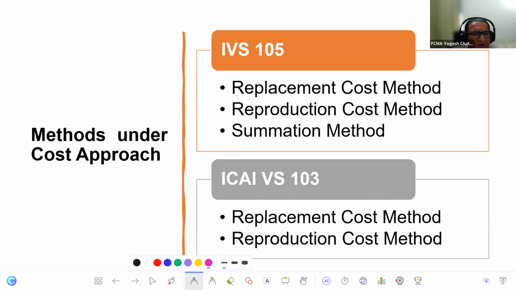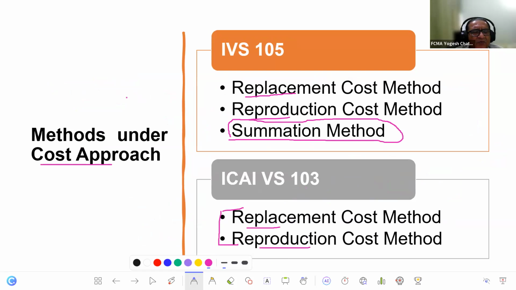So that is about the income approach, and we have the cost approach. Under that, 2 main methods are common: the replacement and reproduction cost methods. These are common, and we discussed that. And we have a third method, the summation method, under the International Valuation Standards.